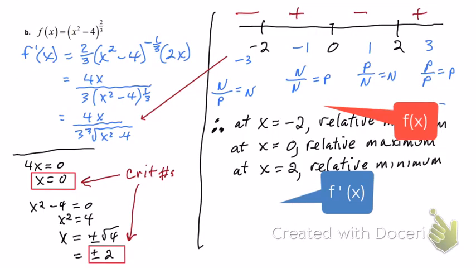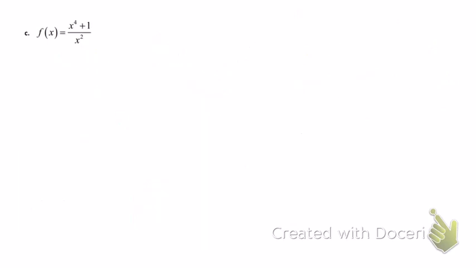Okay, one more, and the notes are done. Quotient rule. So I get the derivative. So I've got the bottom function times the derivative of the top. Minus the top times the derivative of the bottom.